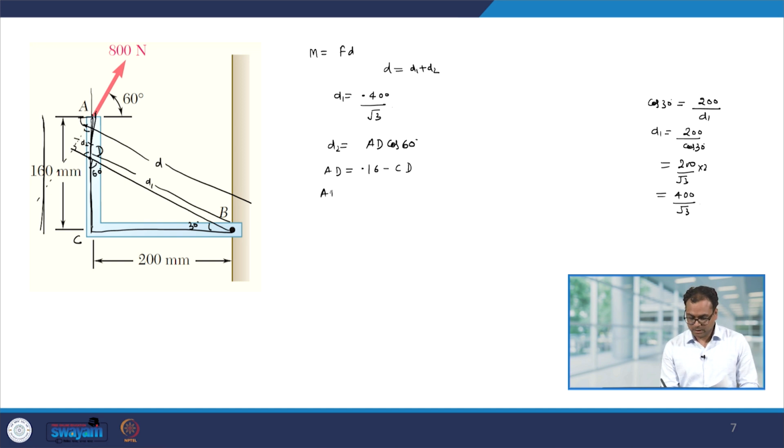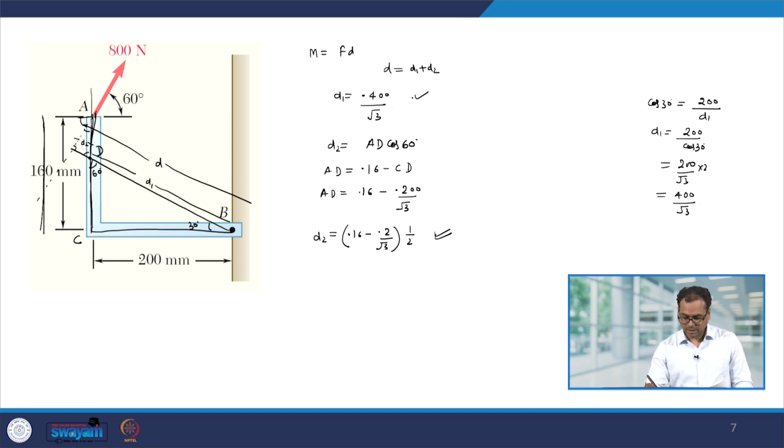So, my AD will be 0.16 minus 0.2 divided by square root 3. So, therefore, d2 will be AD cos 60 degrees, which is 1 half. So, this is my d2, d1 I already know.